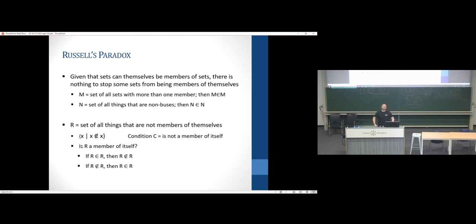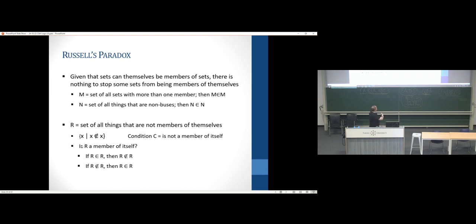So I mean, this is basically the analogy here is that there can't be such a set. Effectively. So we'll go through the set because it'll bring it out more explicitly. Right. So again, R, the set of all things that are not members of themselves. So we have a bunch of sets that are members of R. Is R a member of itself? Well, if it is, then it can't be.